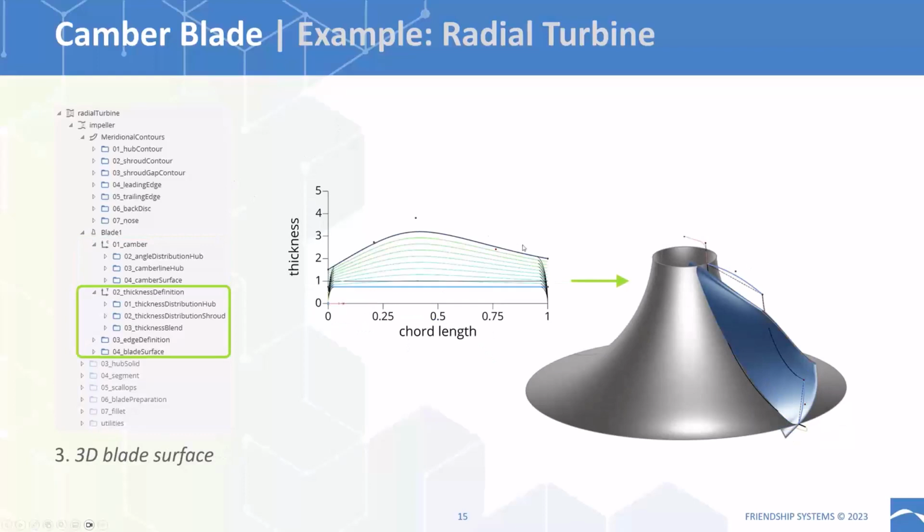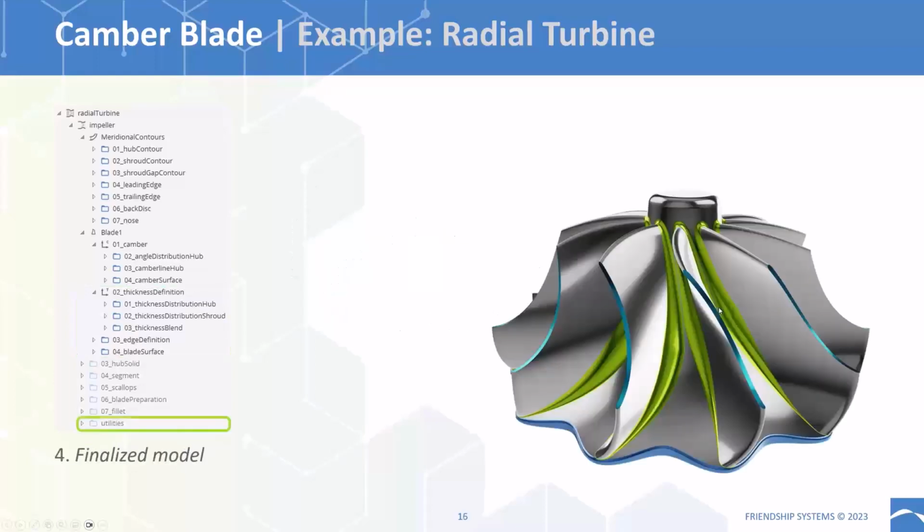And then we have a thickness definition, which here is defined by a hub thickness distribution, a shroud thickness distribution, and the blending function that parametrizes and describes the intermediate thickness definitions or distributions. And basically this results then, by applying the thickness to the mean camber surface, in our blade, and then we can finalize the whole model, of course, by adding fillets and other geometrical features.